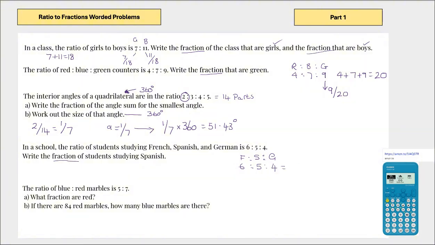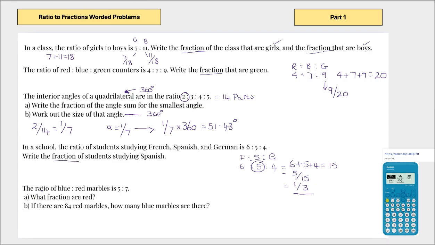So do our usual: add and find out our parts in total, which gives us 15. The question is, write the fraction of students studying Spanish. Well, we know there's 5, so it's going to be 5 over 15. We could leave it like that, but we simplify our fractions. 5 into 5 goes once and 5 into 15 goes 3. So the answer to that question is 1 over 3.